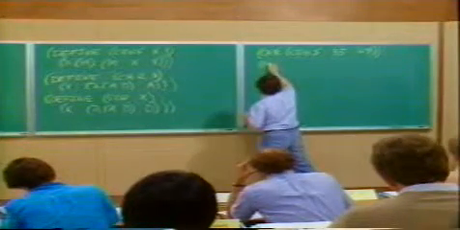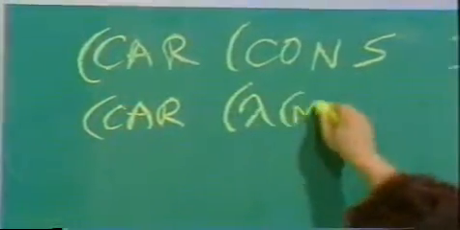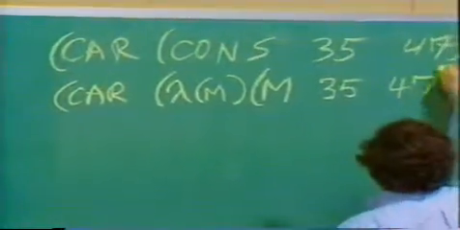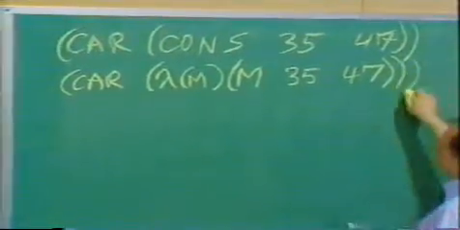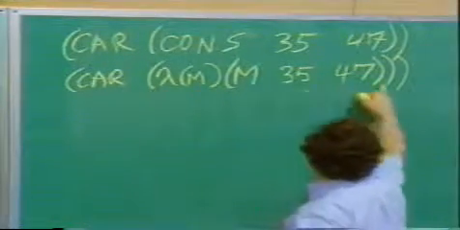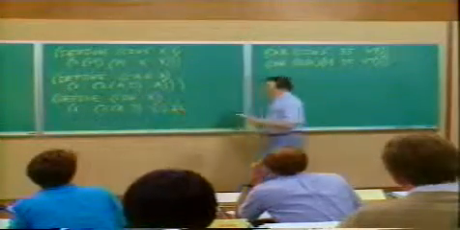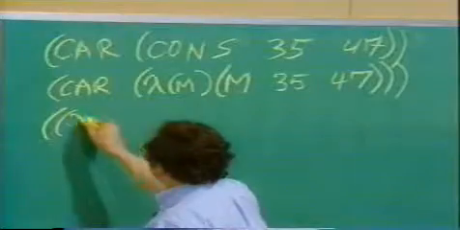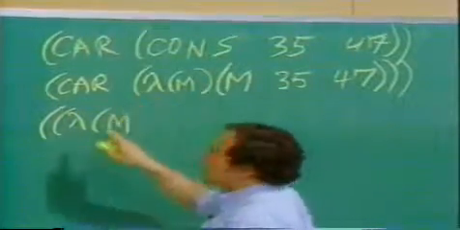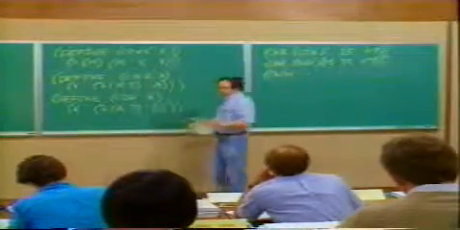That's car of the result of substituting into lambda of m of 35 and 47. Well, this is the result of substituting this object for x in the body of that. So that's just lambda of m, because this object is being substituted for x, which is at the beginning of a list.